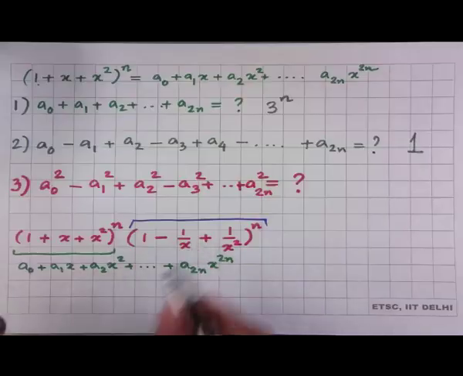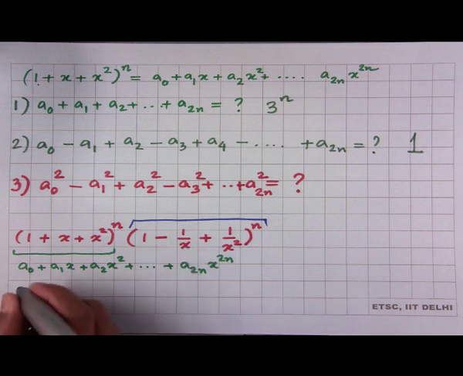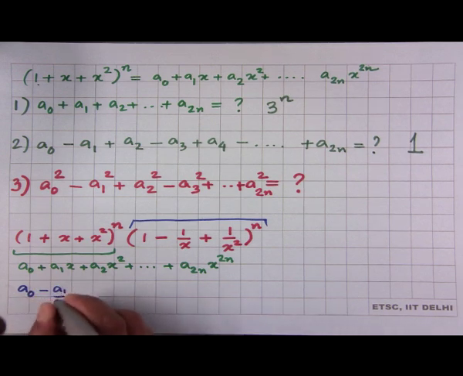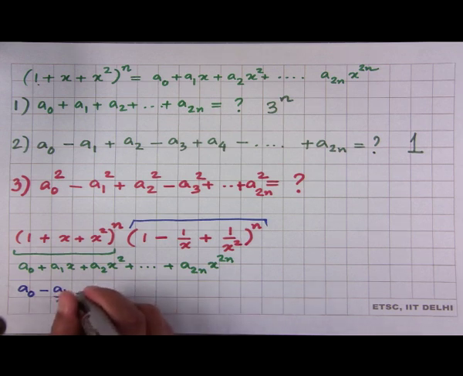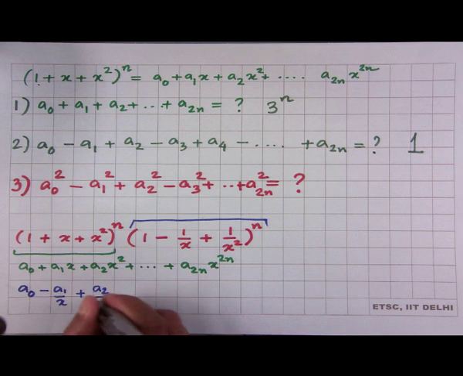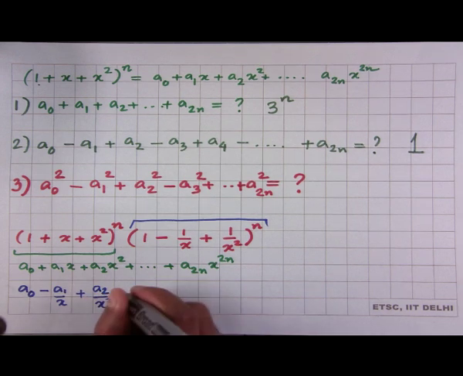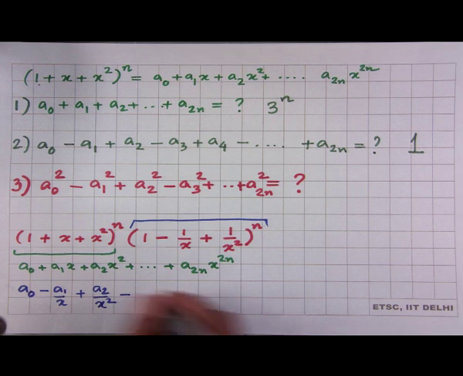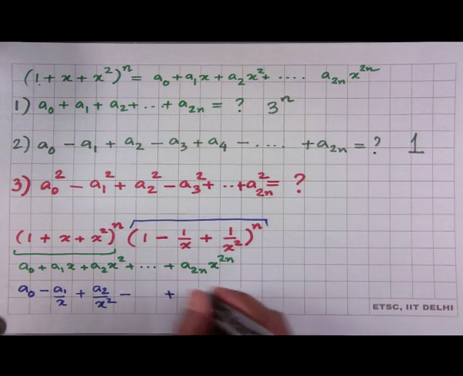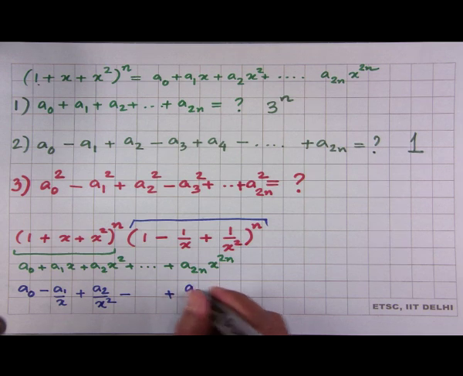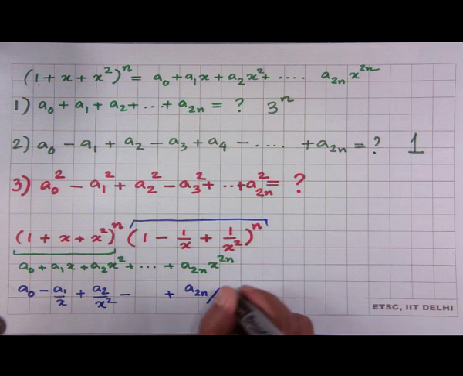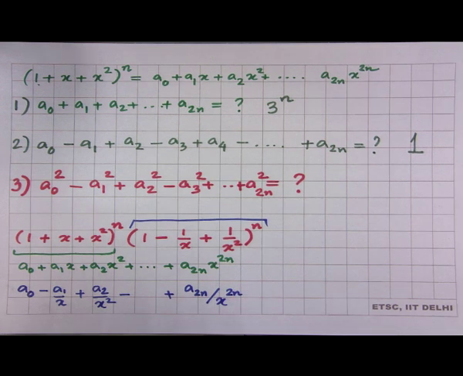So, if I write minus 1 by x instead of x, I get a naught minus a 1 by x plus a 2 by x squared minus and then plus a 2n by x power 2n. Okay. That is the second term.